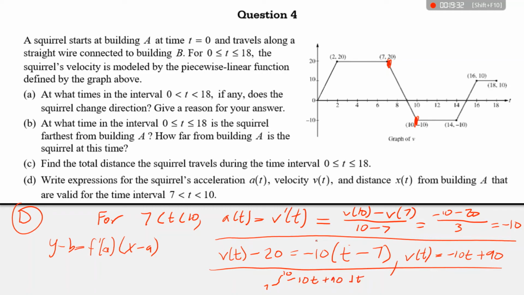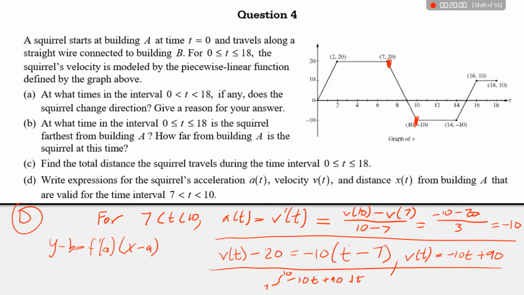Okay, and I'm not quite done because we do have a start point for that interval. What was our velocity at 7? So minus 5t squared plus 90t integration 7 to 10. Wait, but we have to write an expression, right? Yes. Not the answer.